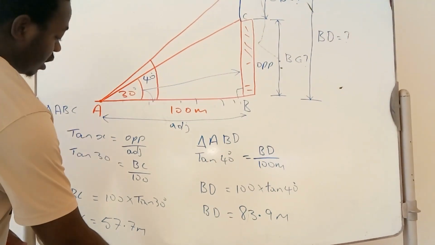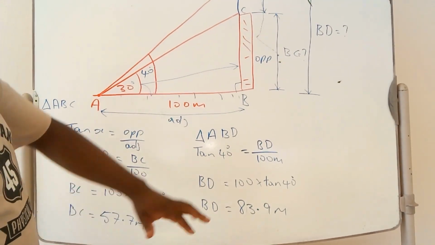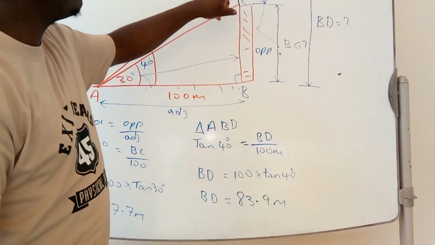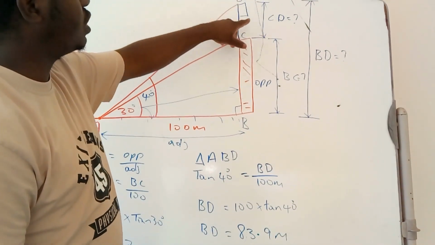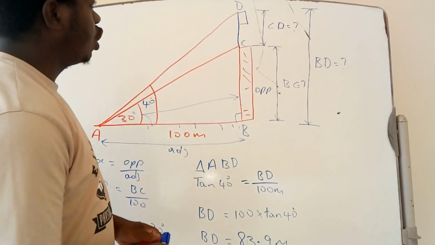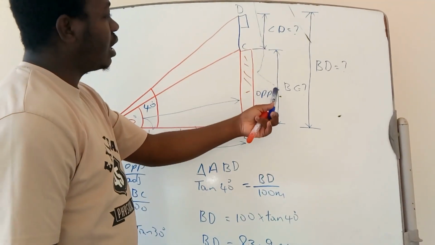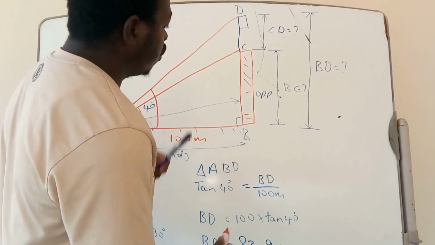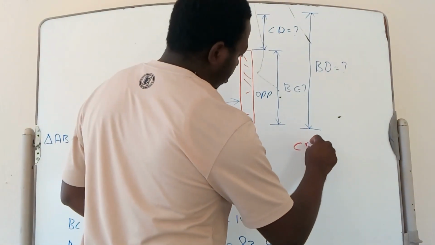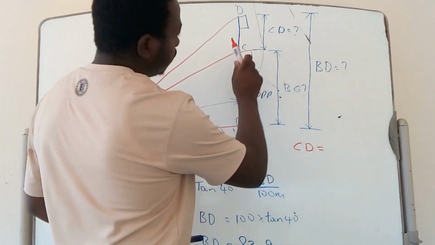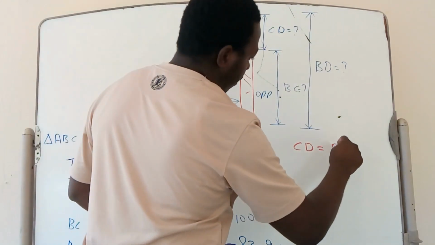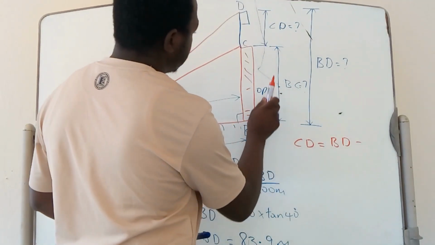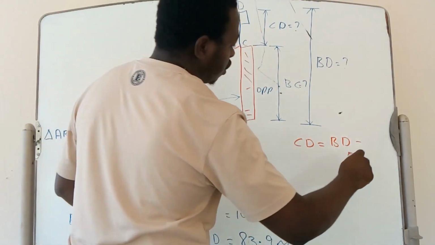But remember, they didn't ask you to find BD nor BC. They wanted to find the height of the flag, which is CD. So now, if you closely look, we could formulate an equation to find CD, right? If you note here, CD is equal to this length here, which is BD, minus the shorter length here, which is the height of the building, which is BC.